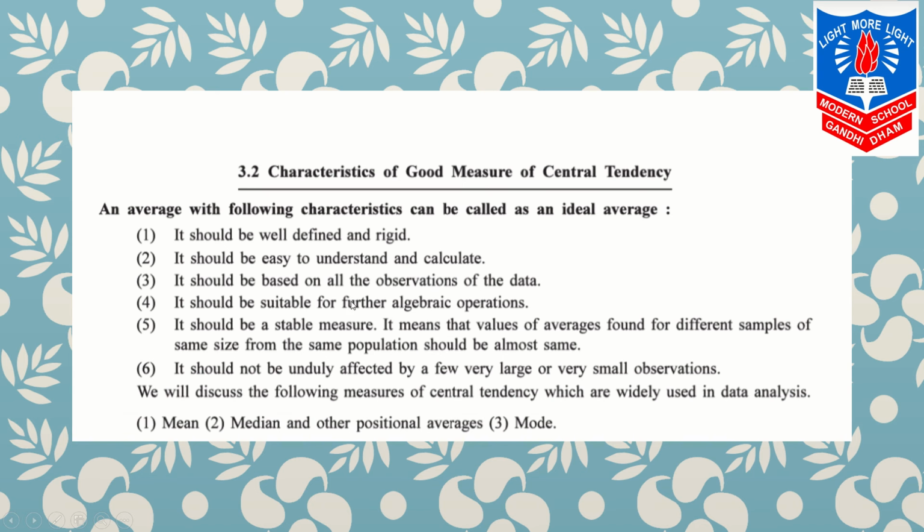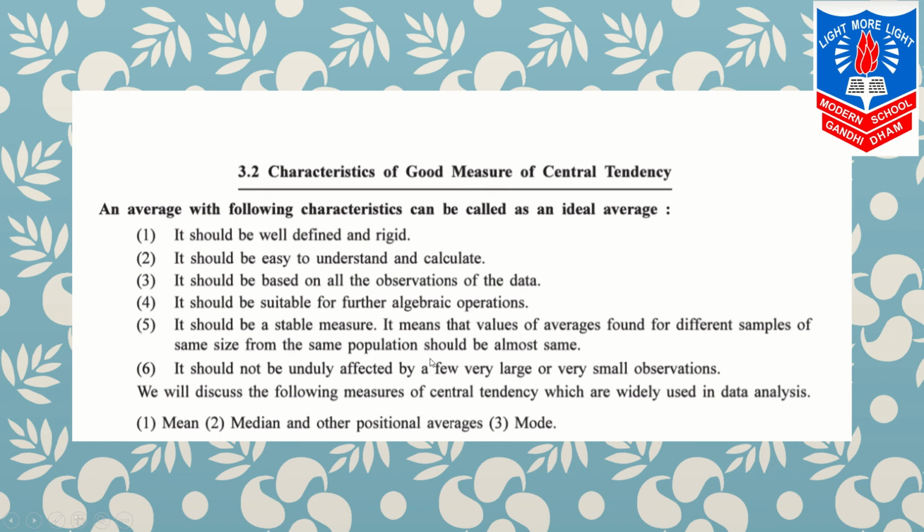It should be suitable for further algebraic operations. Yes, it should be helpful for further, detailed algebraic operations. It should be a stable measure. It means that the values of average found for different samples of the same size from the same population should be almost the same.